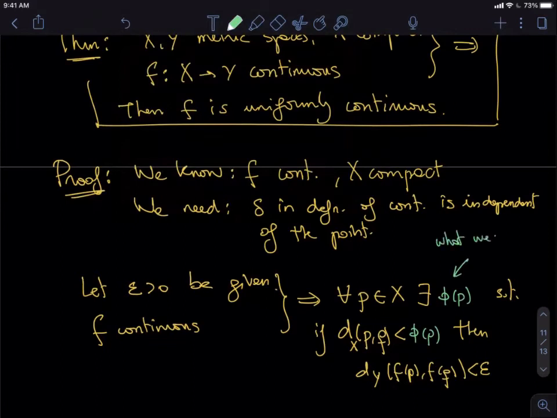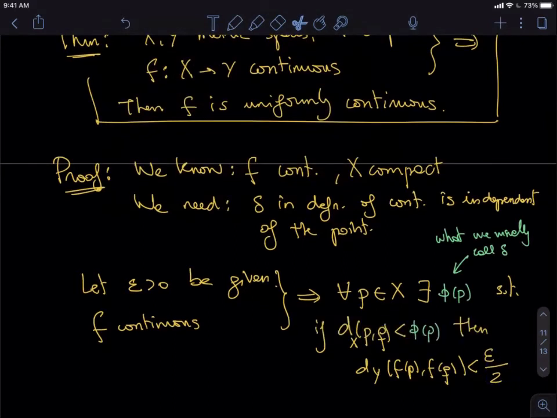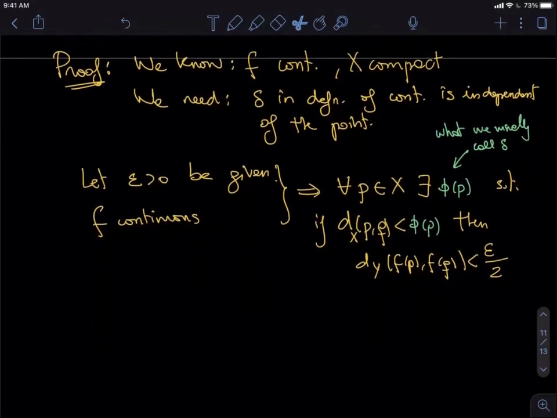So this is what we usually call delta. Okay, and then there is one more adjustment that I'm going to make right now, just to make our life easier later. Instead of epsilon, I'm going to take epsilon halves. This is the type of thing that you realize when you finish the proof. It's like, oh, I should have taken epsilon half, then I will get epsilon here. Up to you. But because I already know, I will just go ahead and do it.